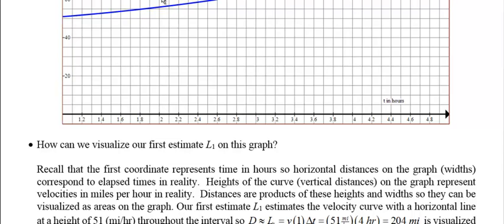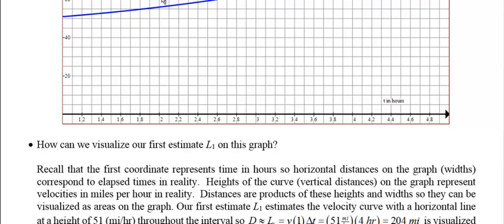Of course, all the time when we have graphs like this, we have something out in reality, and we represent it by x and y coordinates, which are just locations on the grid, or horizontal and vertical distances from the origin.